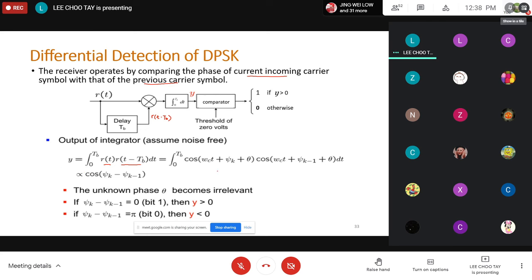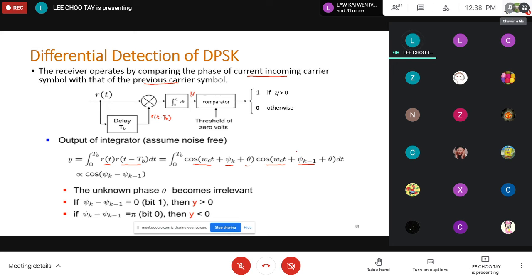Now my RT, the current bit, is a cosine omega CT plus phi k, where phi k is the phase of the current bit, and theta is the phase error. I multiply with the previous bit, which is cosine omega CT plus the phase angle of the previous bit.